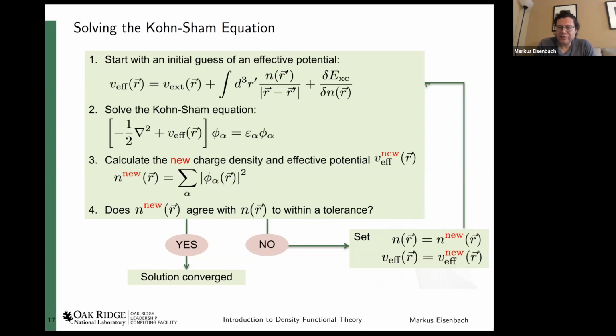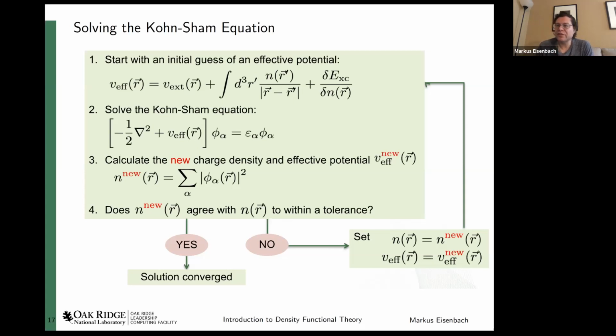And if we have not converged within the tolerance, we update the charge densities and effective potentials with the new one. Actually, in practical calculations, you don't take all of it.